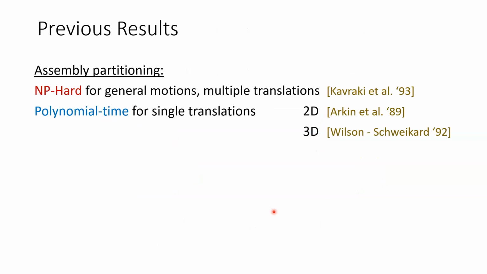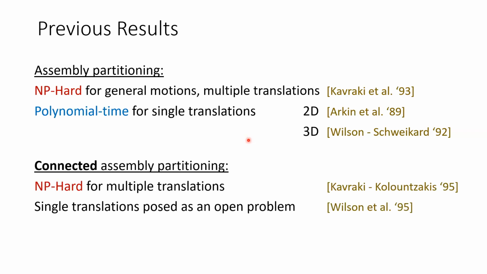Some previous results on assembly partitioning: it was shown to be NP-hard for general motions or multiple translations, but it is solvable in polynomial time for single translations, such as in the examples I was showing. For connected assembly partitioning, we also have hardness results for the case of multiple translations.